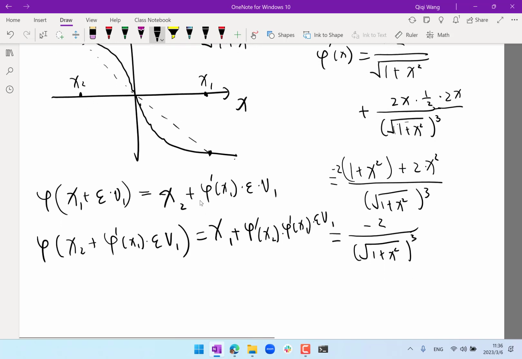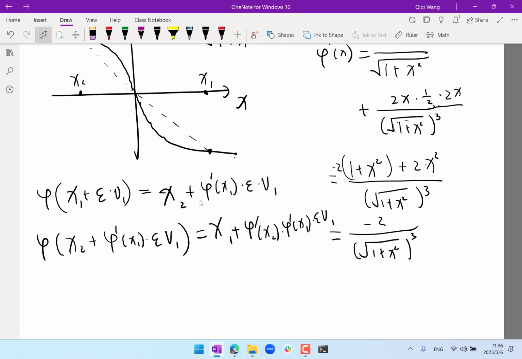So basically, after 2 iterations, where 2 is the period of this oscillation, I get back to x1. The x1 part is the same, but the perturbation part is amplified or diminished by a factor of phi prime at x2 times phi prime at x1. If I keep iterating, for every 2 iterations, the magnitude gets decayed or amplified by this amount.